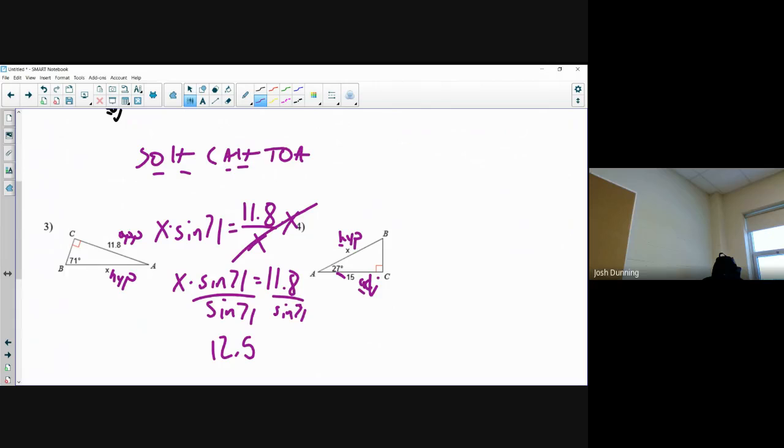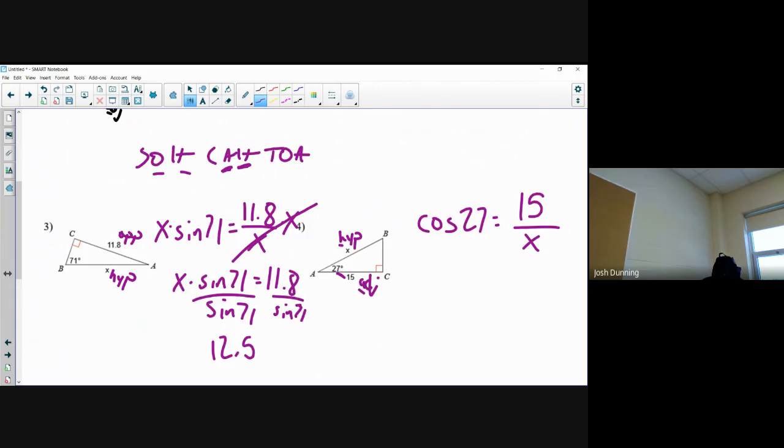We're going to use that for the first time. Cosine, the angles always come after the three letters, so cosine 27 equals, it's A first, then H. So 15 over X.